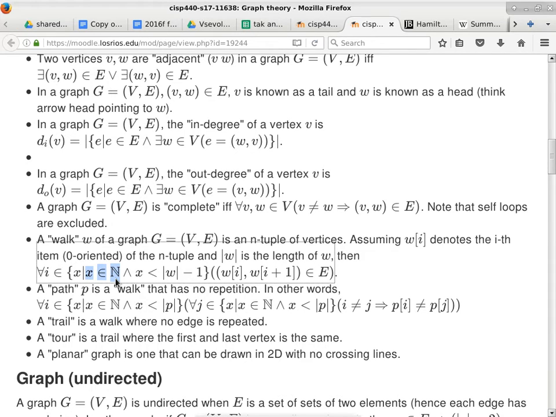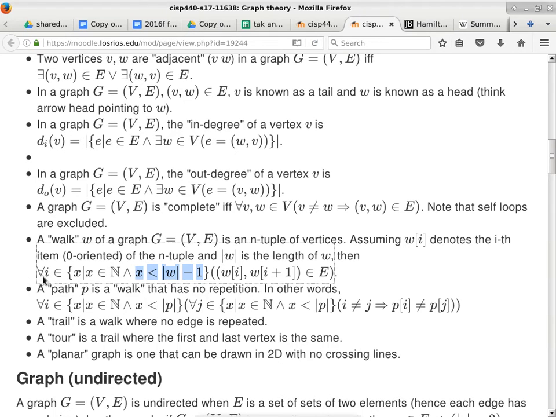Because all natural numbers start with 0. And then the second condition is X has to be less than |W| minus 1. The reason why it's |W| minus 1 instead of just |W| is because we're trying to establish the next one too, so it has to be 1 short of the index of the last item in the n-tuple.